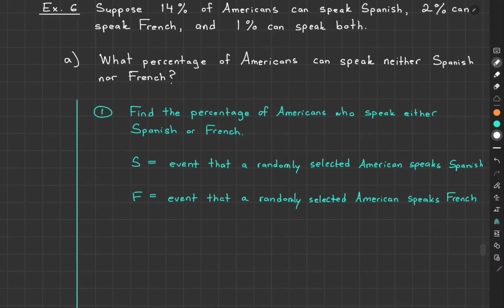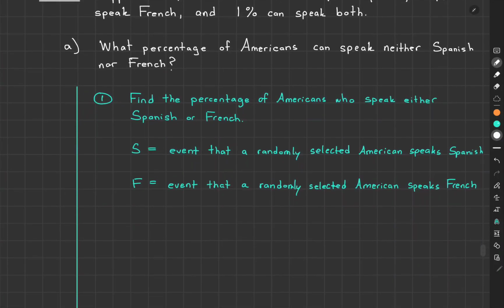So from here, the probability that a randomly selected person speaks Spanish or French, according to our OR formula, is going to be P of S plus P of F minus the probability of both S and F. Okay? So we know 14% of people speak Spanish.